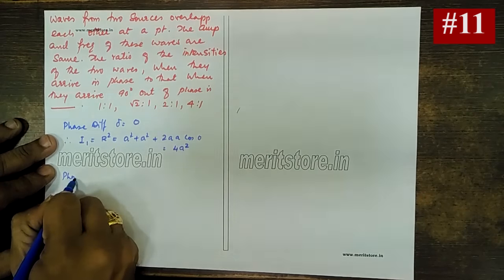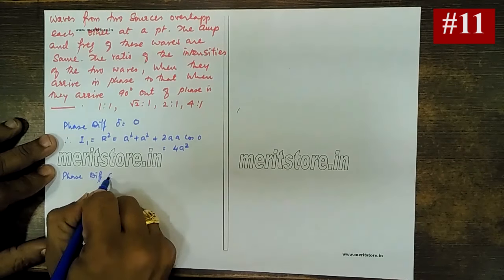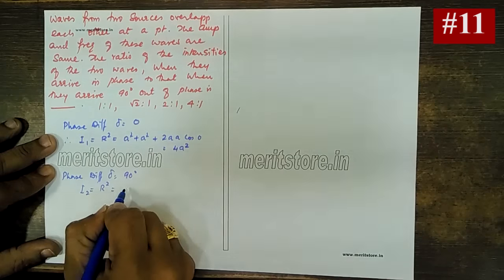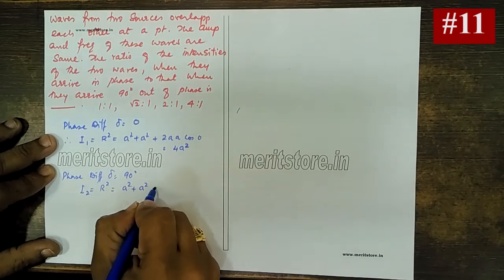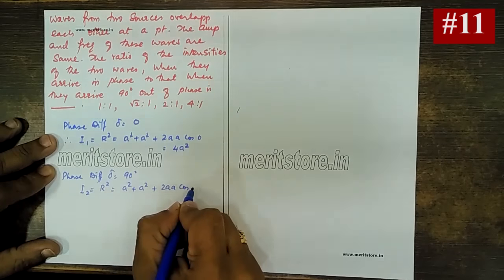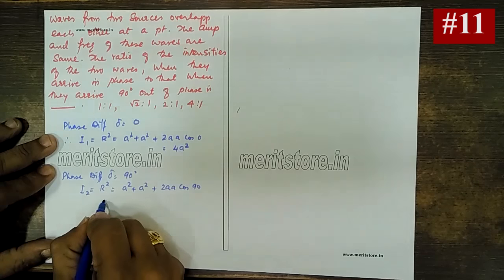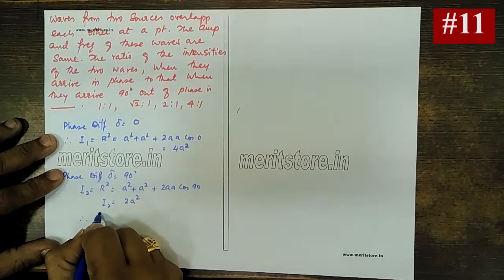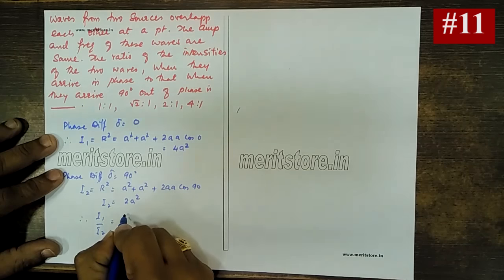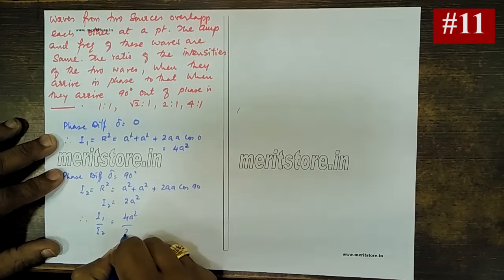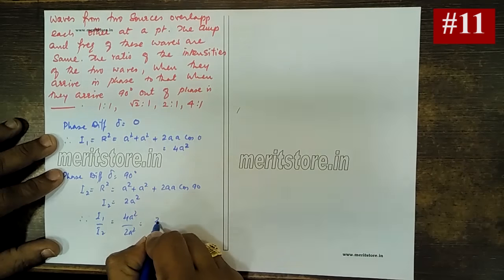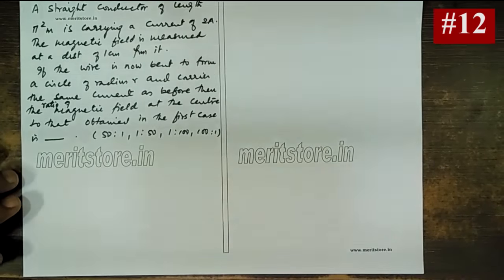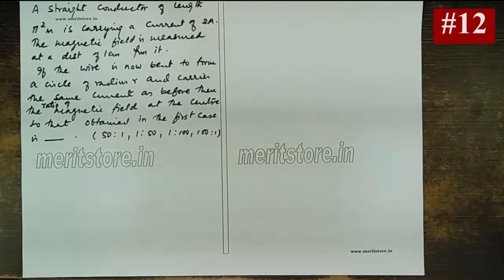Now for phase difference delta when 90 degrees out of phase, say I2 is equal to again R squared, which is a squared plus 2aa cos of 90. So intensity 2 will become 2a squared. Therefore I1 upon I2 is equal to 4a squared upon 2a squared, which is 2:1. So answer is 2:1.